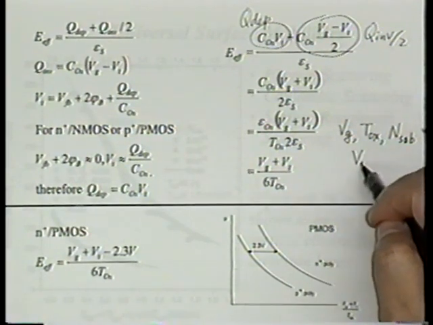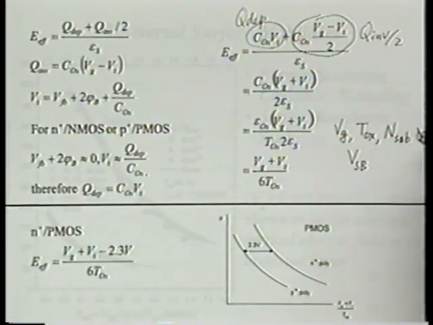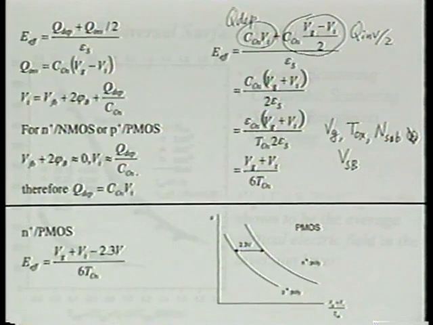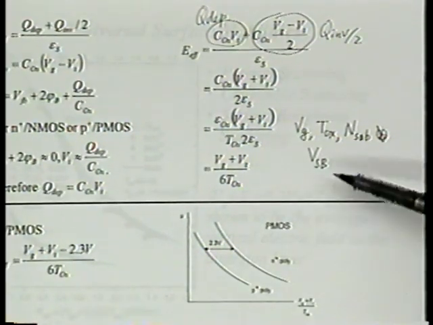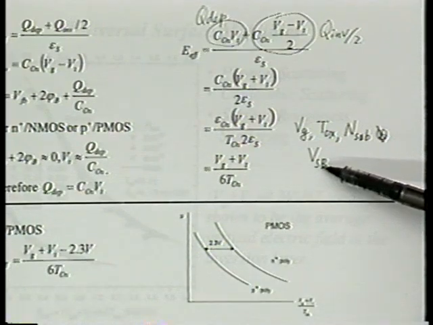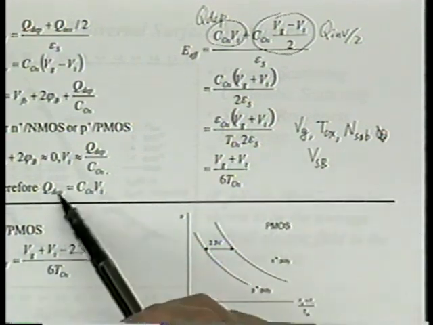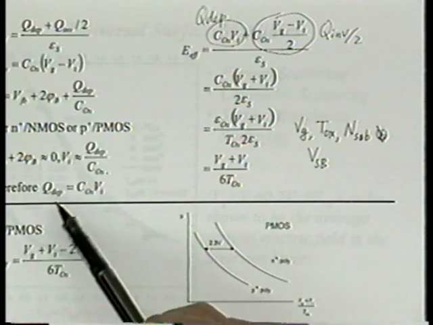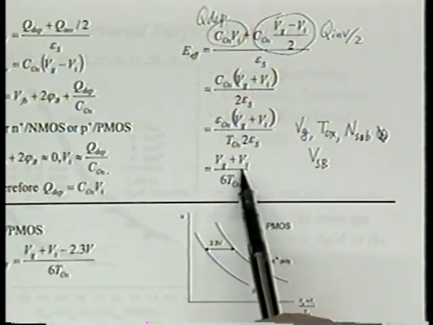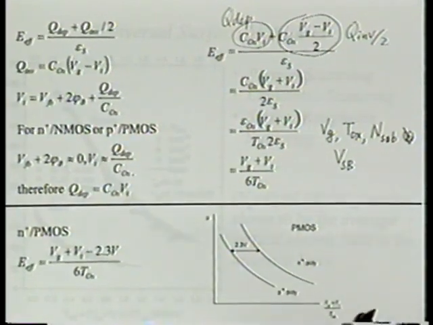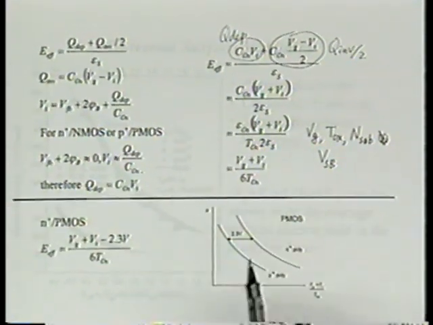Do you see where that might come in? It's VT again. Remember the body effect? The reason the mobility is a function of V sub is because when you apply V sub, there's more Q depletion, and therefore there's less mobility. And that's automatically captured by VT. So it turns out VT plays a very important role.